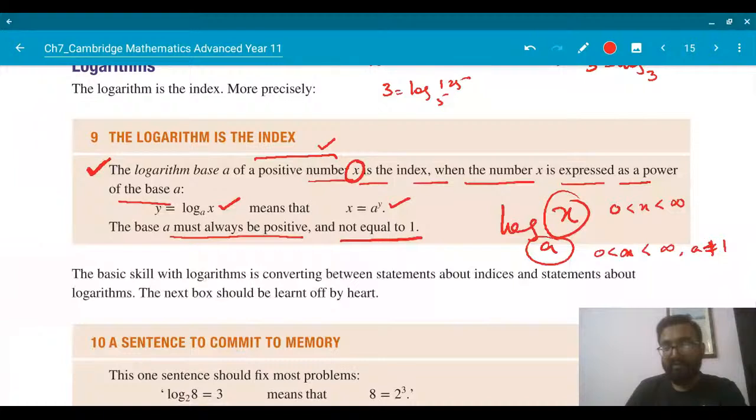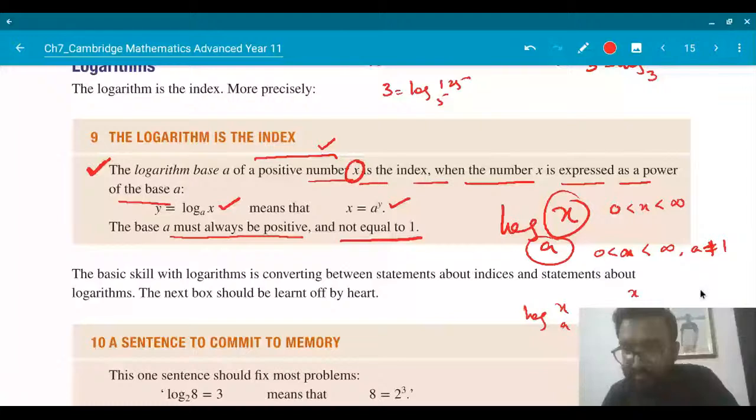I will tell you about log x base a. There is a table of x values and a values.